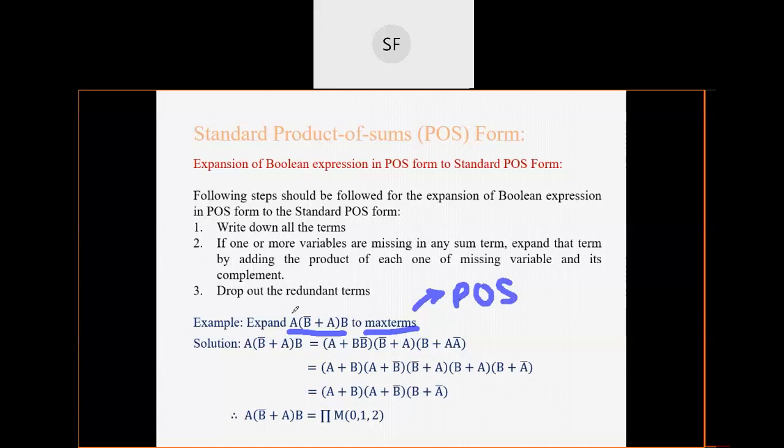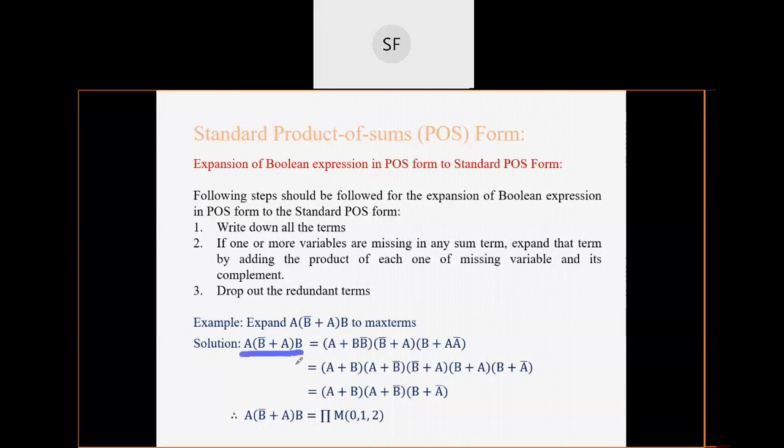So how many terms are actually present here? This one is second, and b is third. The second one is b bar plus a. From this expression, how many variables does it have? This expression is the expression of how many variables? Can anyone reply? Yes, 2 variables.